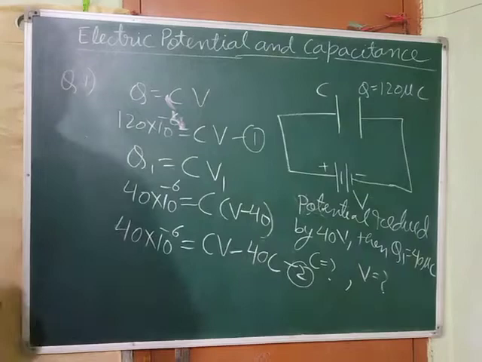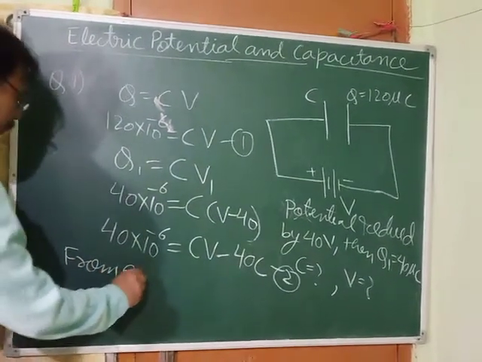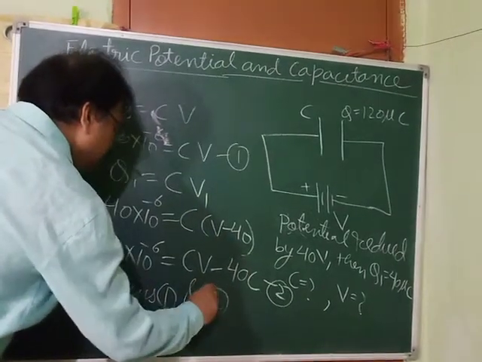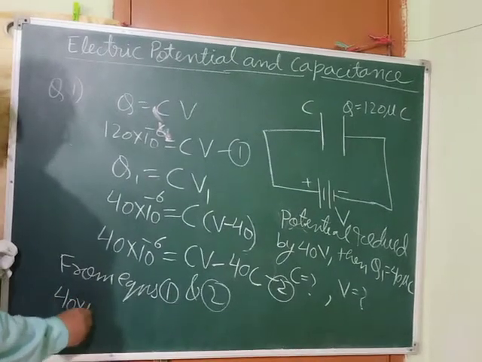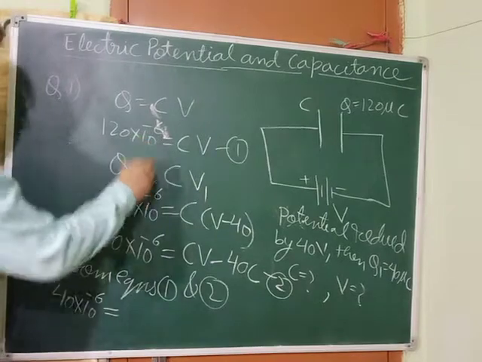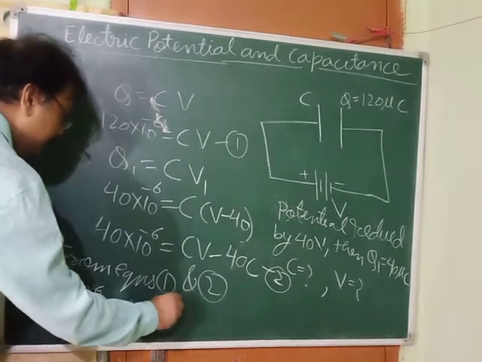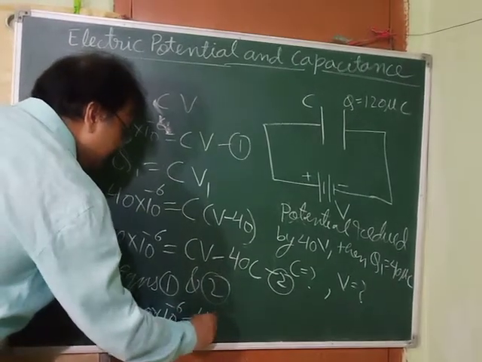From equations 1 and 2, what will we get? 40 into 10 to the power minus 6 is equal to the value of CV from equation 1, which is 120 into 10 to the power minus 6, and then minus 40C.